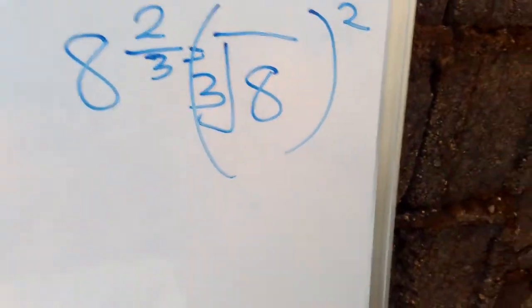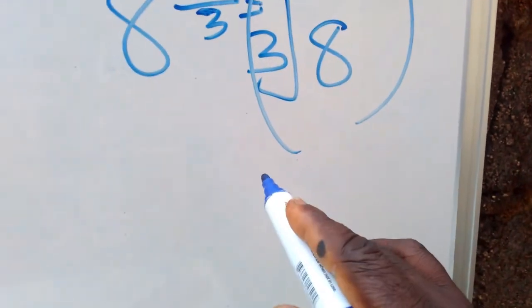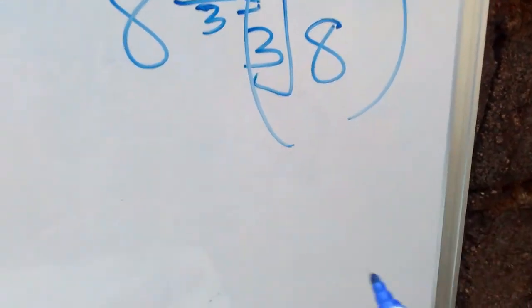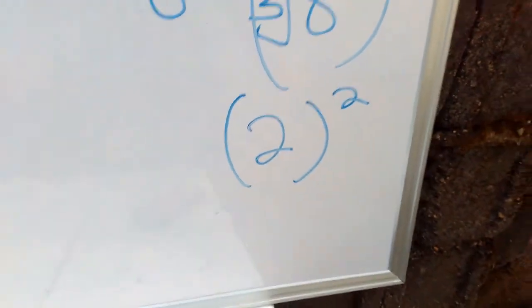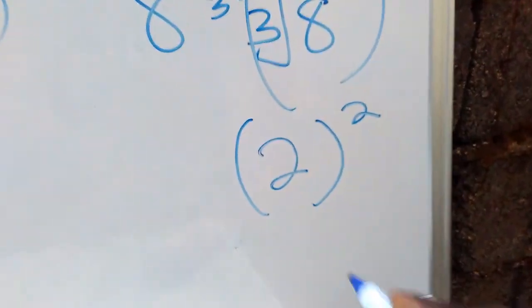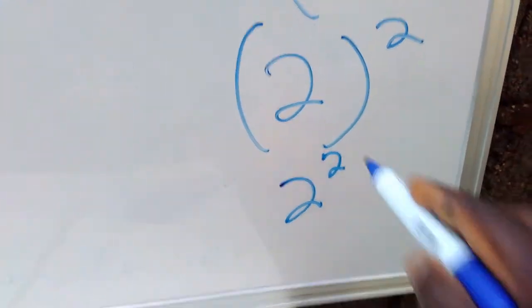So now we will solve it like this. The cube root of 8 is 2, which is 2 raised to the power 2.